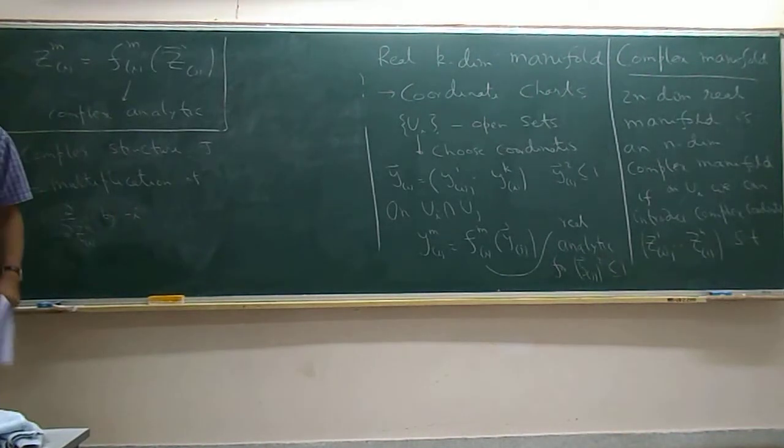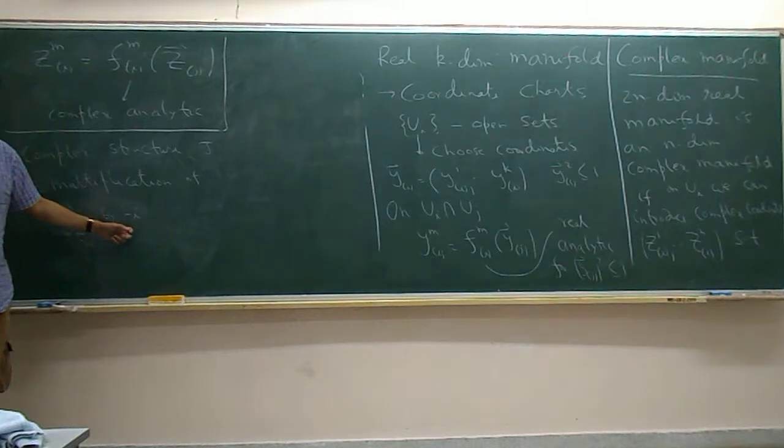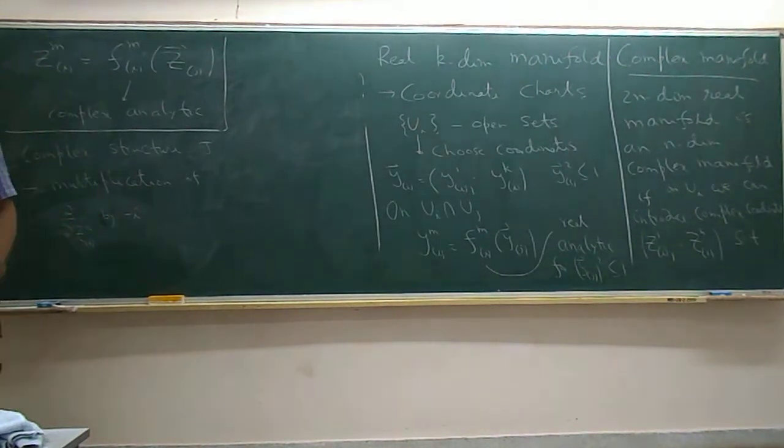You can think of the complex structure as a linear operator on the tangent space, and the way it acts on the tangent vectors is that it takes ∂/∂Z_m^i and multiplies by minus i. That corresponds to multiplying Z_m^i by i. And ∂/∂Z̄_m^i it will multiply by i.